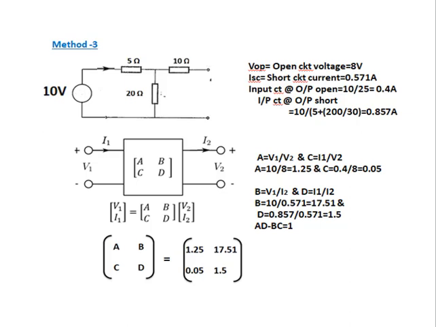B is equal to 10 by 0.571, that is 17.51. D is equal to 0.857 by 0.571, equal to 1.5. So AD minus BC is equal to 1. So the ABCD matrix of this circuit is 1.25, 17.51, 0.05, 1.5.